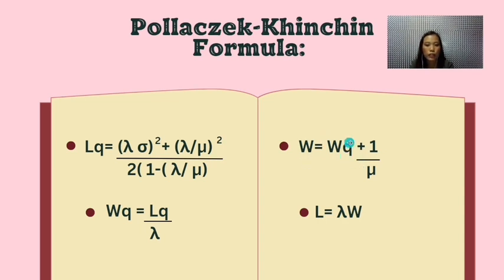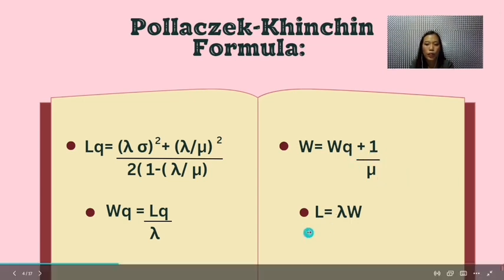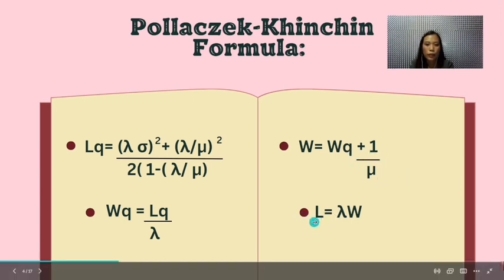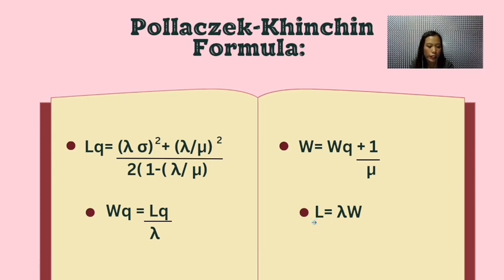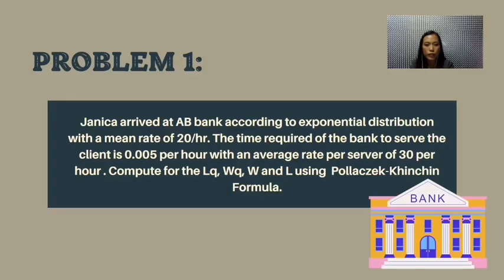The formula is W is equal to the average time spent in the line plus 1 over mu. Lastly, we can also use this formula to calculate the average number of customers in the system: L is equal to lambda times the average time spent in the system.